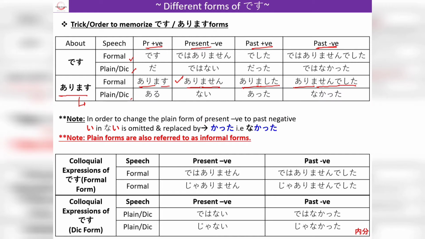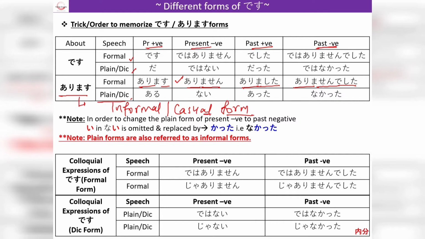Now let's talk about dictionary form or plain form. So basically plain form or dictionary form are the informal forms, or we can say casual forms. For arimasu, there is an exception and there is no rule to change into dictionary form.